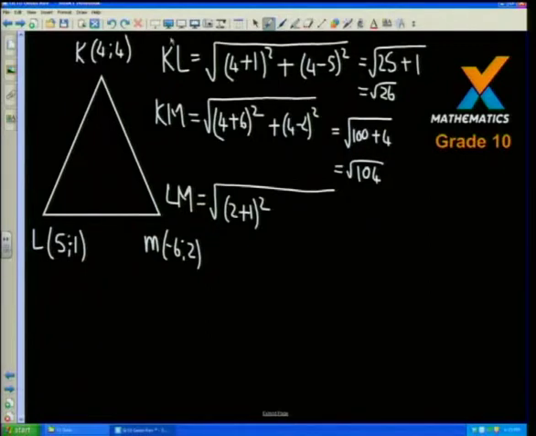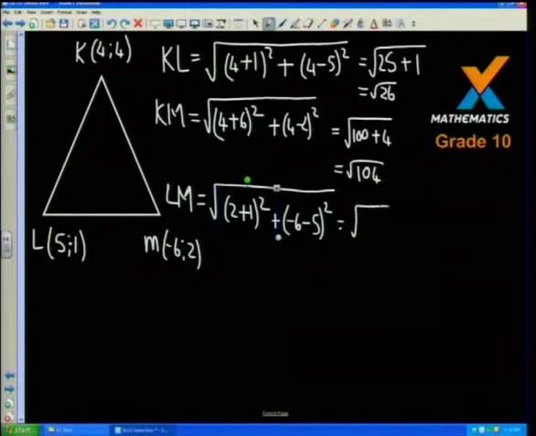Then the x values, -6, be careful. -6 minus 5 is -11. Okay, -6 minus 5, I square that, and I get -11 that I need to square. Okay, so this gives me 2 plus 1, which is 3.